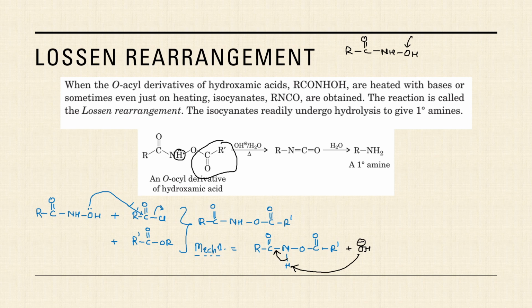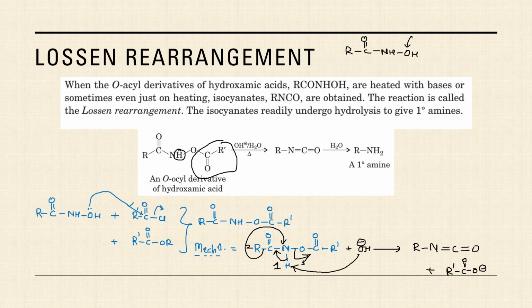This proton will be abstracted and the electrons come over here. This will move to nitrogen and this whole thing will go out. So 1, 2 and 3. You will end up getting R N double bond C double bond O, and you will get R' C double bond O minus. Okay, this is how the reaction takes place. Okay, it's pretty simple.